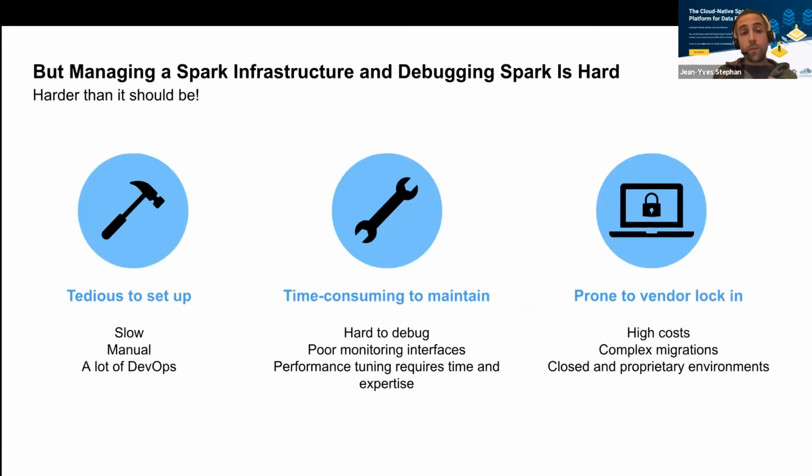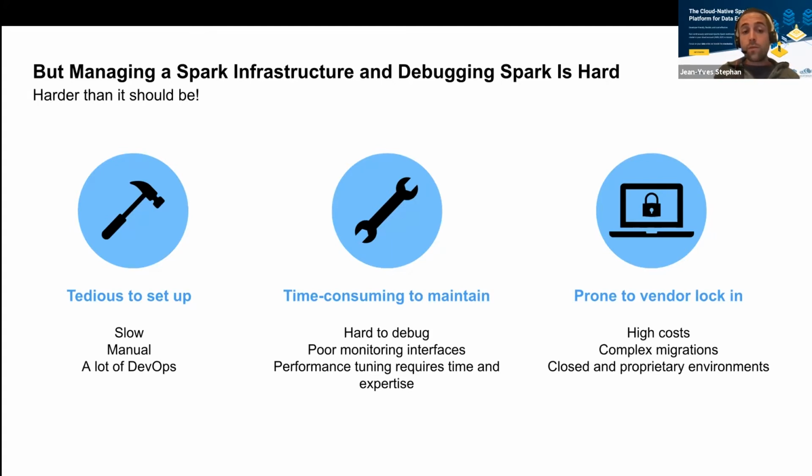So, Spark is easy to write. However, I would say that managing a Spark infrastructure and debugging a Spark application when there's an issue is hard. And this is why I decided to create a company to make Spark a lot more developer-friendly and more cost-effective.